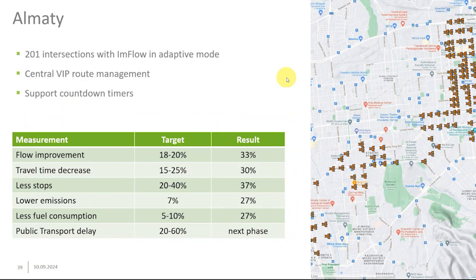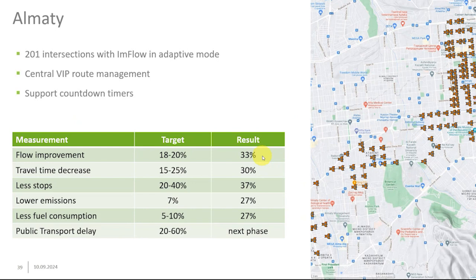Then we have another example, Almaty. It's a city in Kazakhstan, if I'm not mistaken, where we're running 200 intersections with ImFlow in adaptive mode, and you can see that the improvements in certain KPIs are really very impressive. Of course, this probably comes from a comparison with fixed time, old controls.